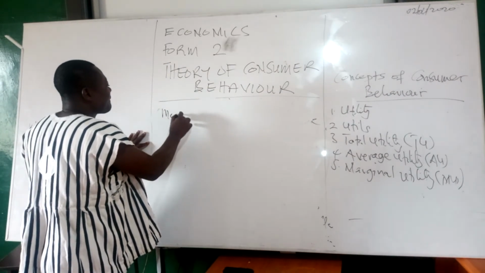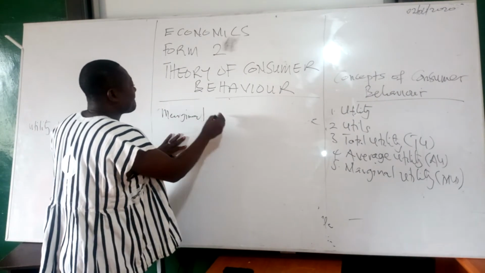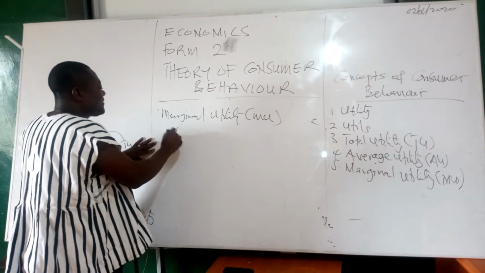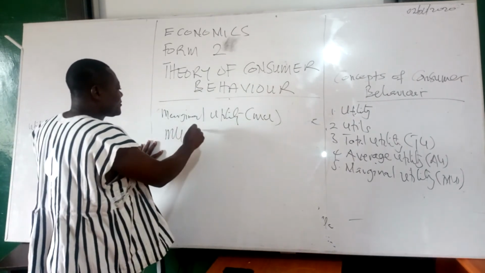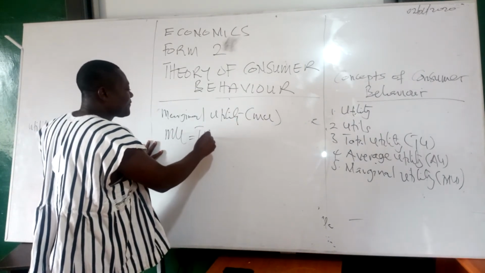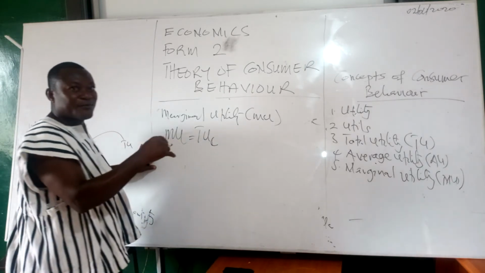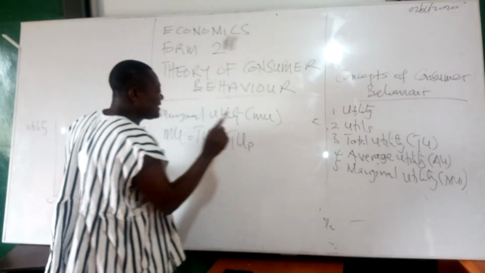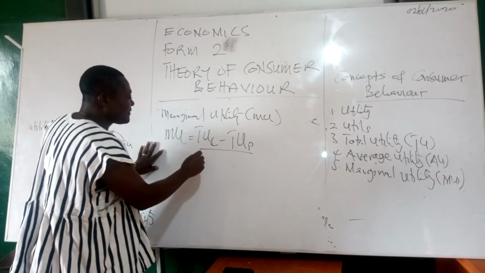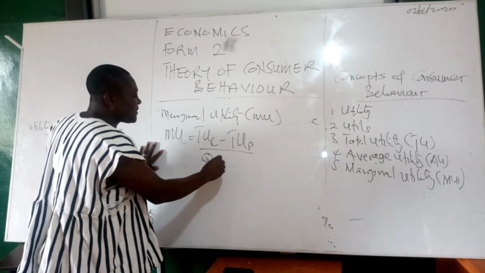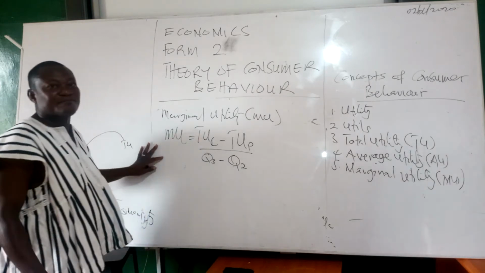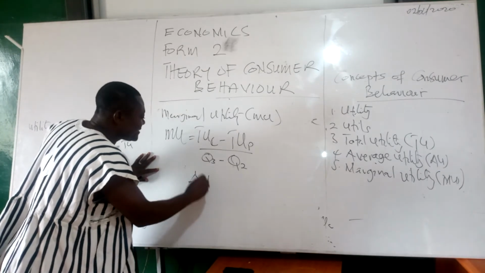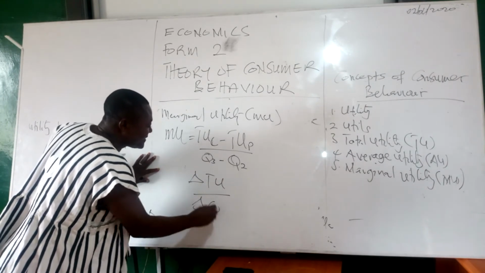Marginal utility is equal to total utility for the current consumption level minus the previous consumption level, over current quantity minus previous quantity, or change in total utility over change in what?